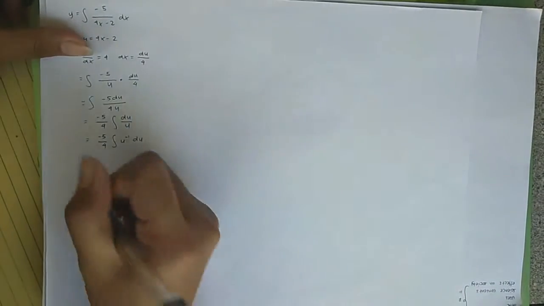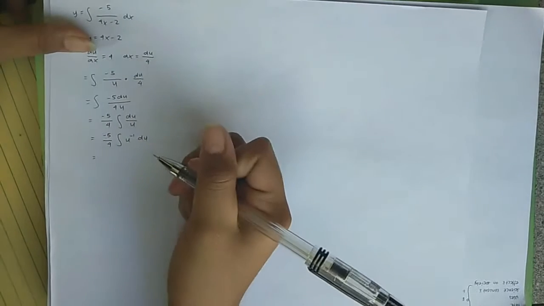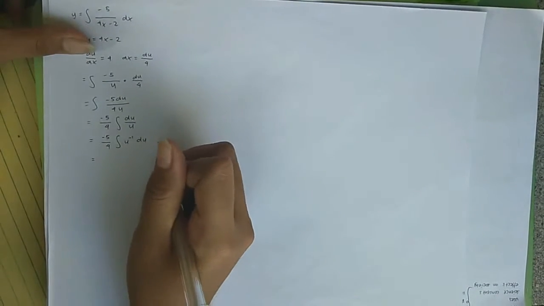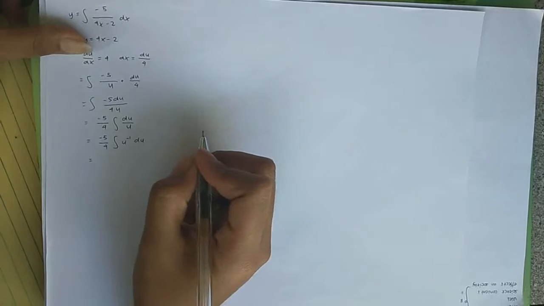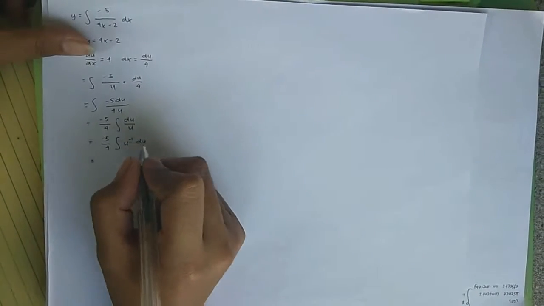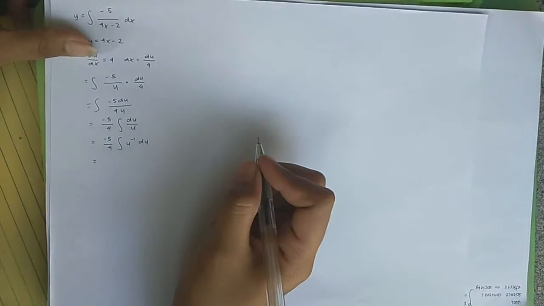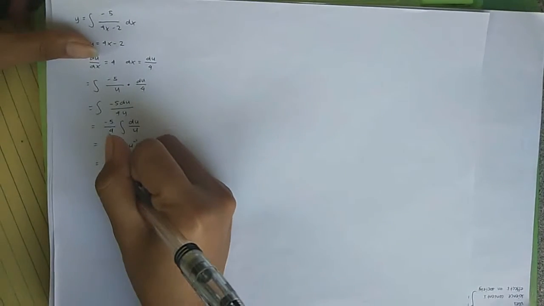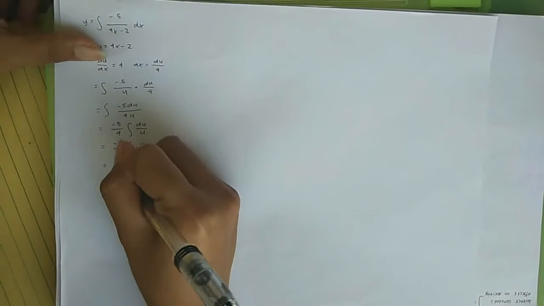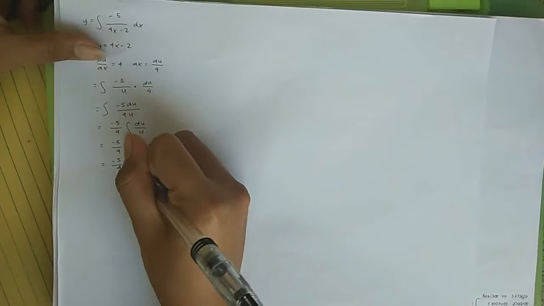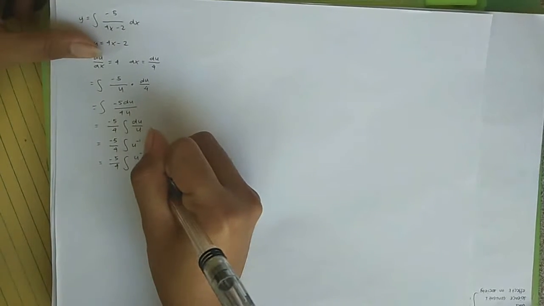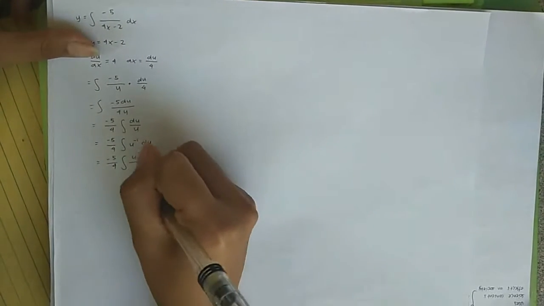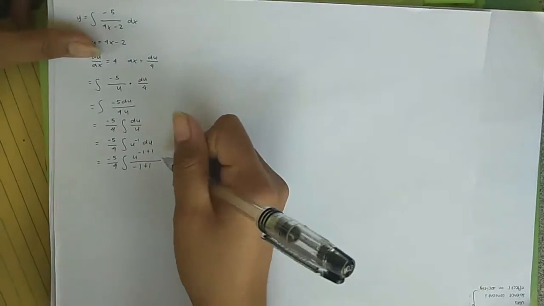Now we're going to use the standard integration. We're going to add plus 1 to our exponent, and we're going to put a denominator of n plus 1. Negative 5 over 4 integral of u raised to negative 1 plus 1 over negative 1 plus 1.